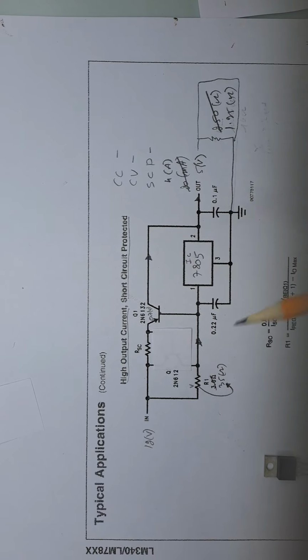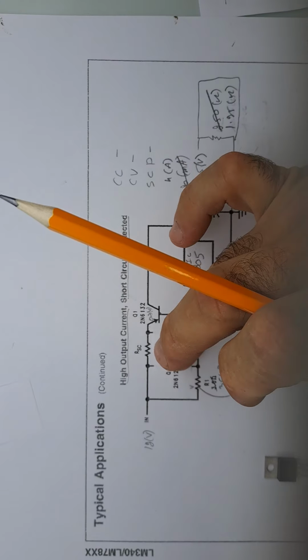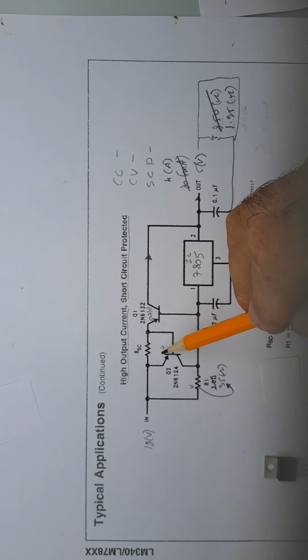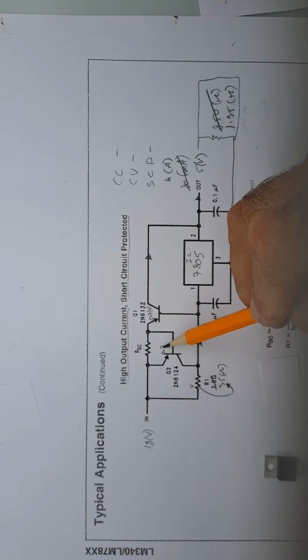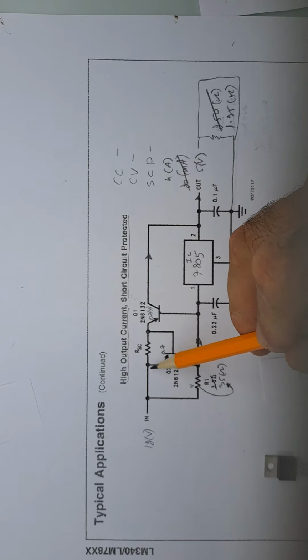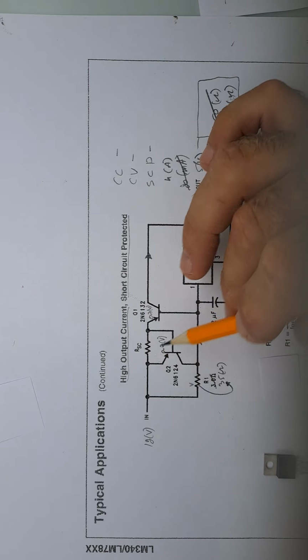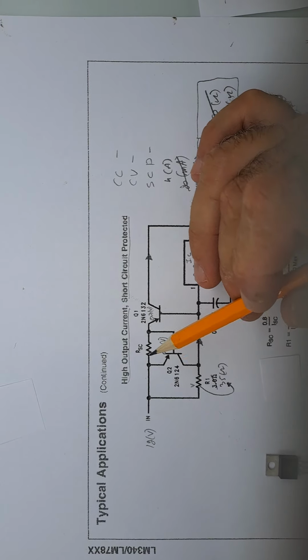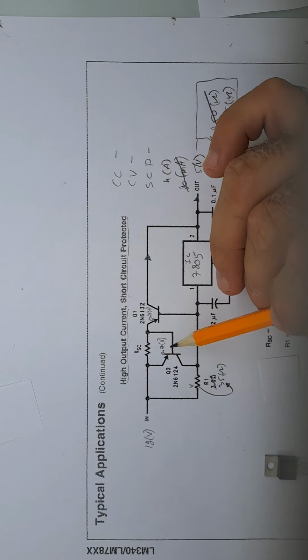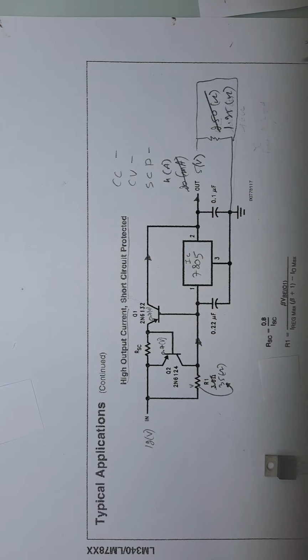Now for the constant current, we want this transistor to conduct. In order for it to conduct, the volt over this emitter base diode should be 0.7 volt.